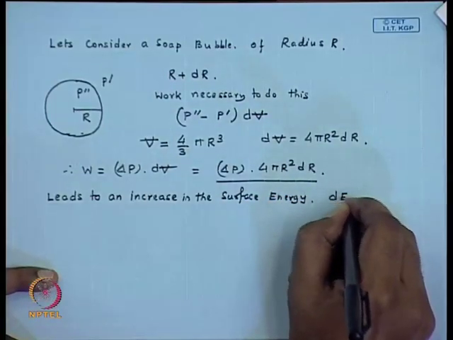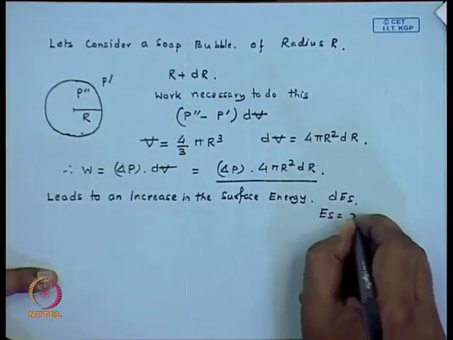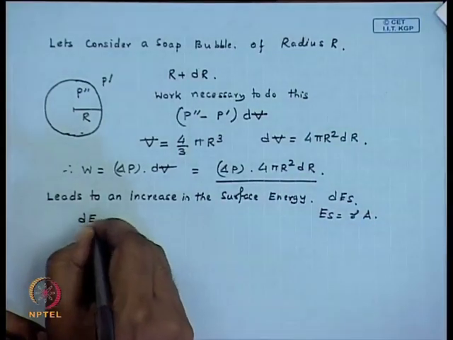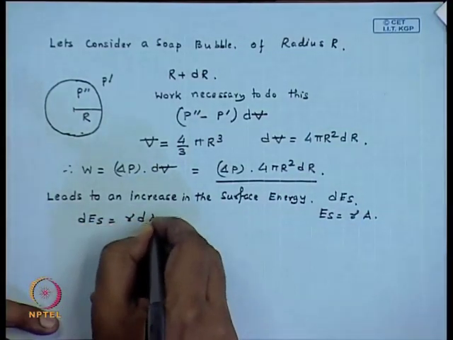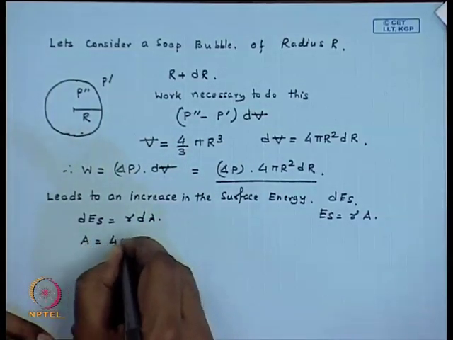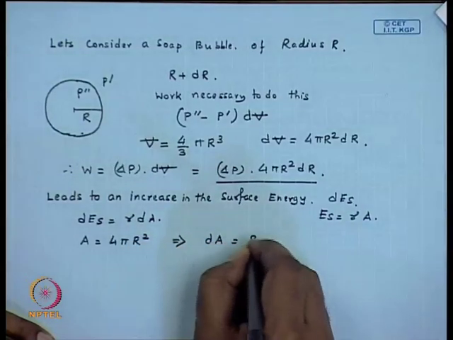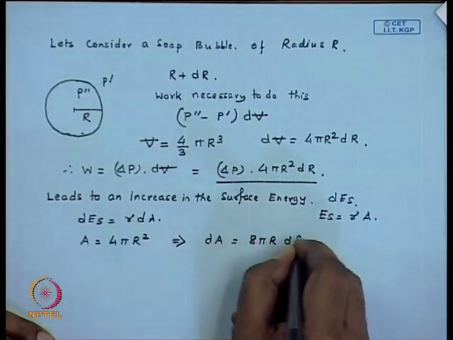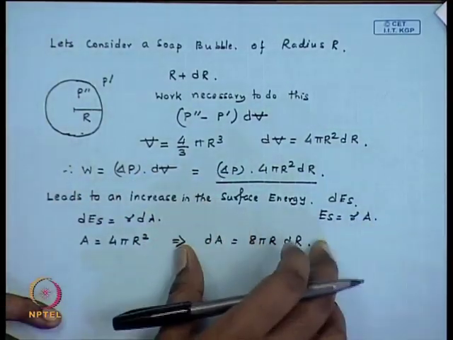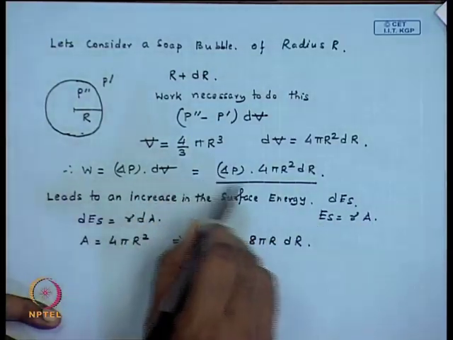Let us say dEs, where Es is the surface energy, the total energy ascribed to the surface, is gamma A. Now, gamma is constant, therefore, you have dEs equal to gamma into dA. Now, for a spherical object, A is 4 pi r square, therefore, dA is 8 pi r dr. Now, as we have discussed, this enhancement in the surface energy is due to the work you have performed.